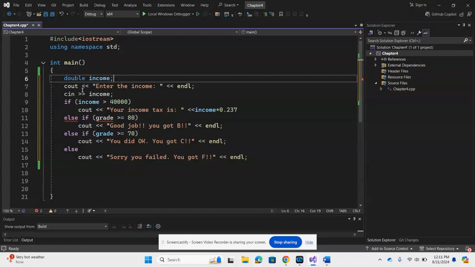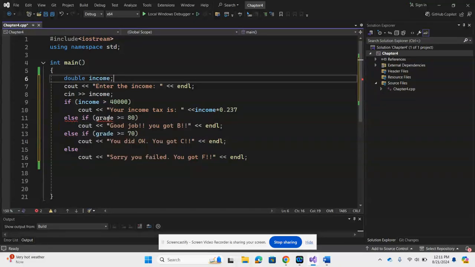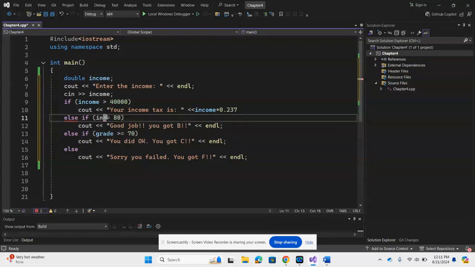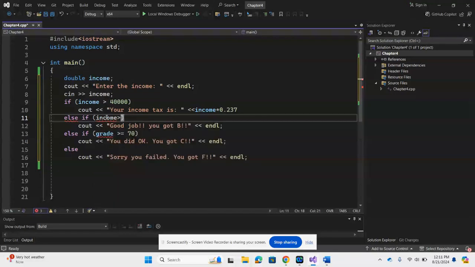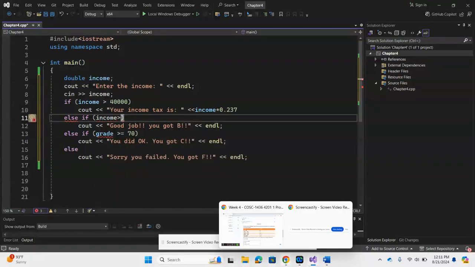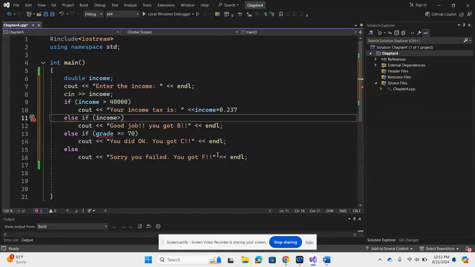And then the same thing, I'm going to put else if. Again, like what we did before, if the income is higher than, what's the second one? We already know else means less than 40,000. So I'm just going to put if it is higher than 20,000.